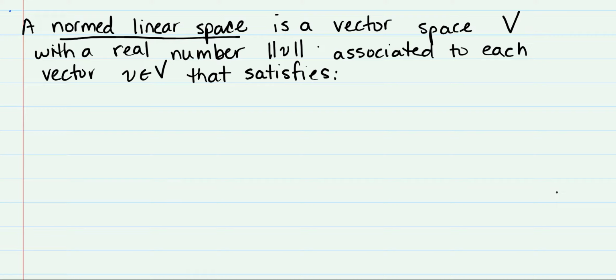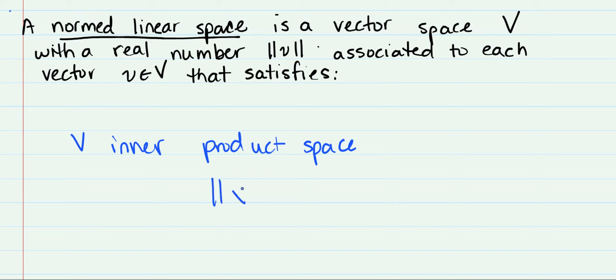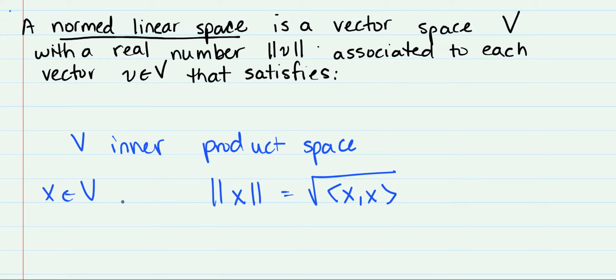Like we said before, if V was an inner product space, we define the norm of a vector x that belongs to the vector space V as the square root of the inner product. And that's one type of norm. But you can actually define a norm without having an inner product. And that's what we're going to talk about now.